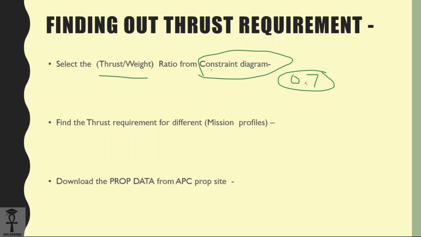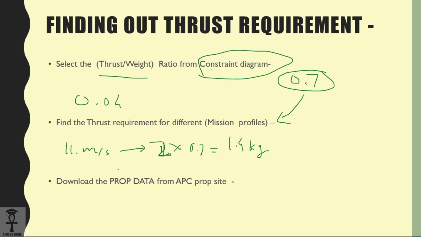After selecting the thrust by weight ratio for a particular profile: for cruising we require a very low thrust by weight ratio, around 0.04, so we can neglect it. And for takeoff, we need a thrust by weight ratio of 0.7. So at the velocity of 11 meters per second, we require a thrust of 2 into 0.7, that is equal to 1.4 kg thrust at 11 meters per second.